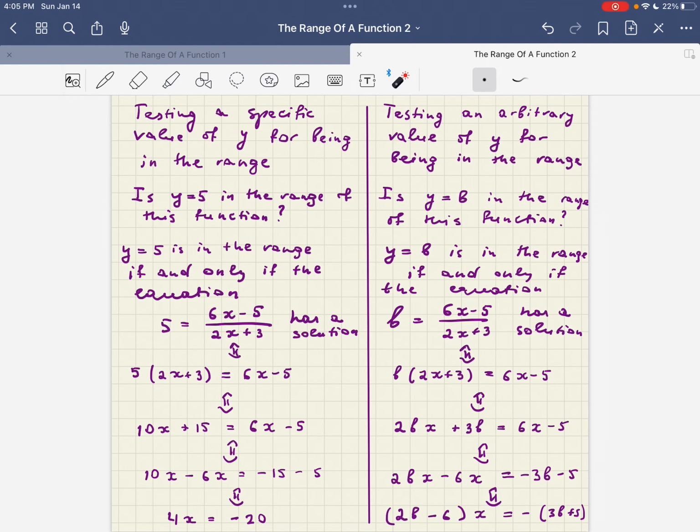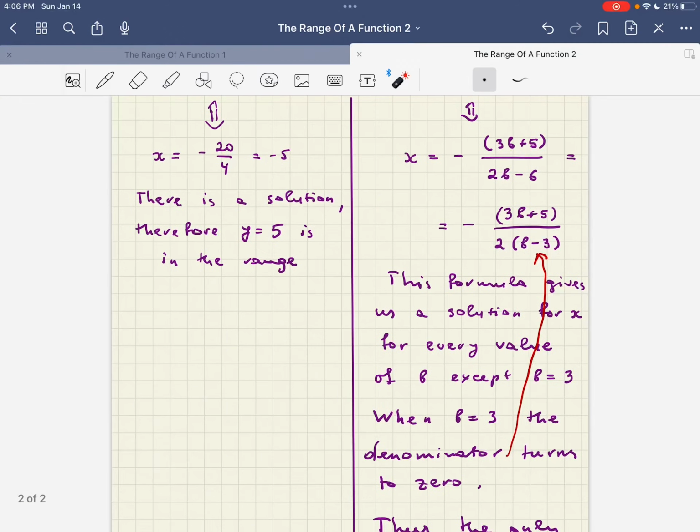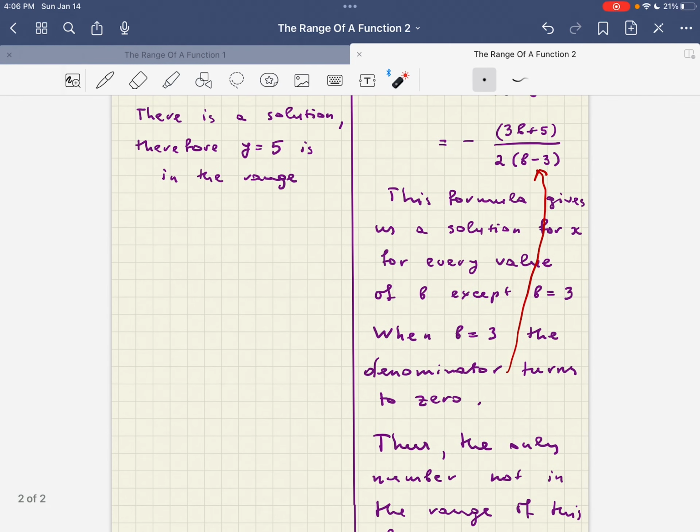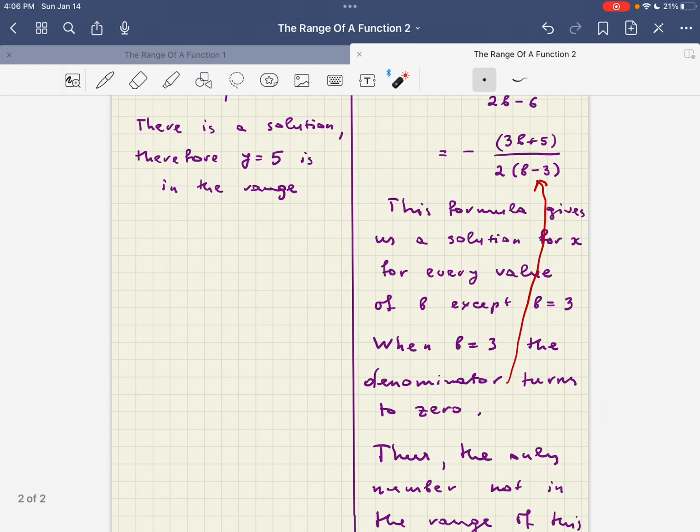So you get an equation that looks like 0 equals negative 14. And of course, 0 is not equal to negative 14. Therefore, the equation in that case doesn't have a solution. And so our conclusion is that the range of this function consists of all numbers except 3.